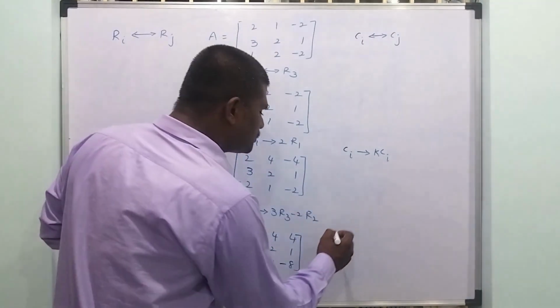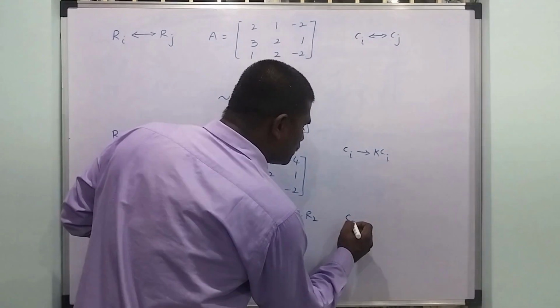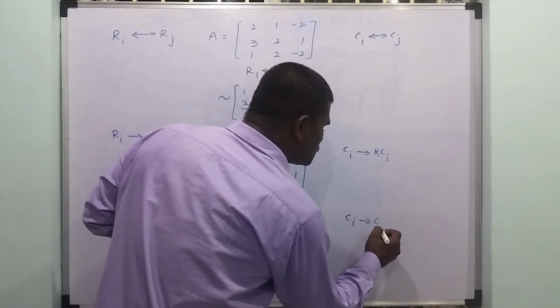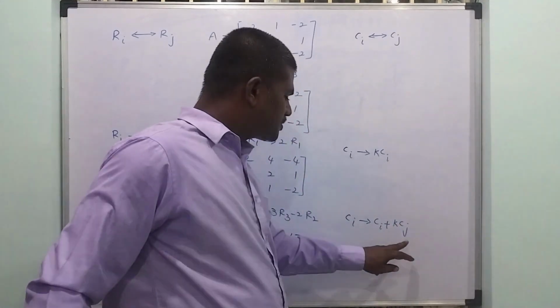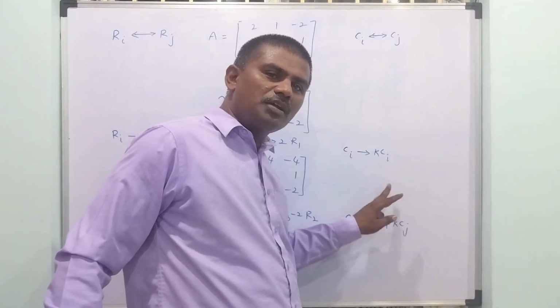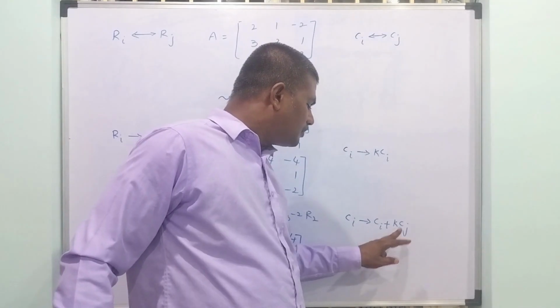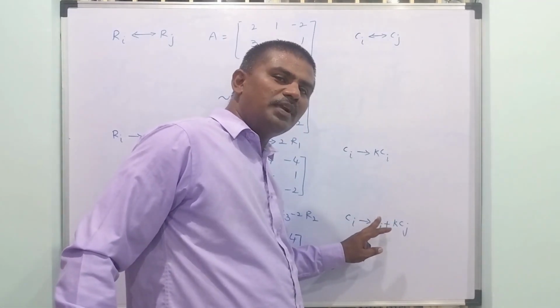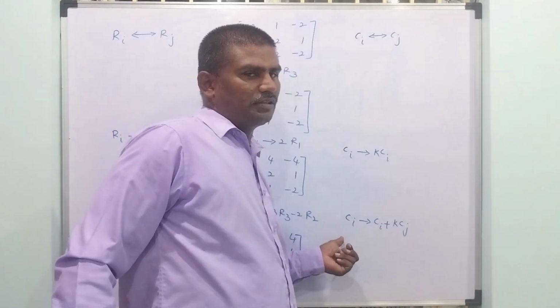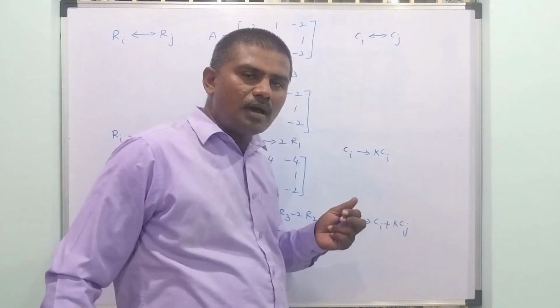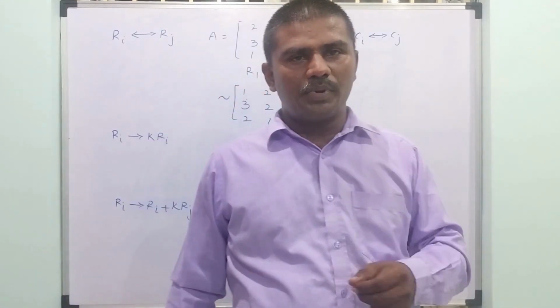Now coming to the last elementary column operation, Ci → Ci + k Cj. That means the jth column will be multiplied with a non-zero scalar k and added to the corresponding elements of the ith column, and the resulting value will be noted in the ith column itself. These are elementary column operations.